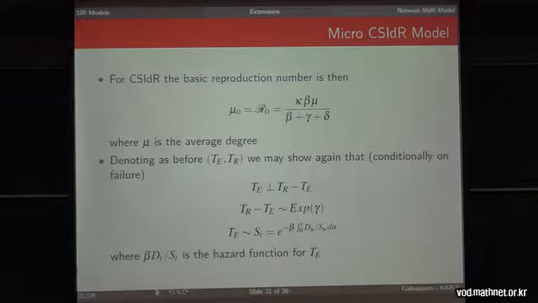Then you can use this to do inference on the parameters, under the assumption that your population was sufficiently large, so that this limiting model is related to the original model. This certainly wouldn't be appropriate if I had only 5 or 6 people, because then the stochastic effects would overtake any kind of law of large numbers. But as soon as the law of large numbers is likely to hold, because the population is sufficiently large, I can attempt to do it.